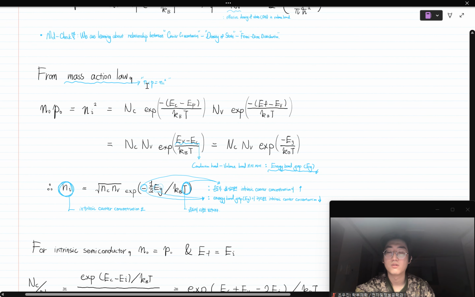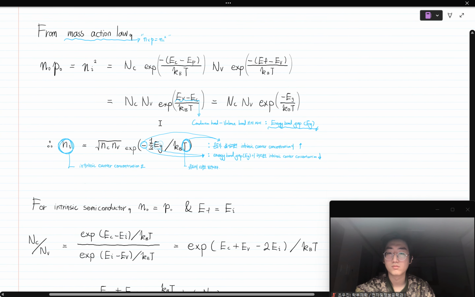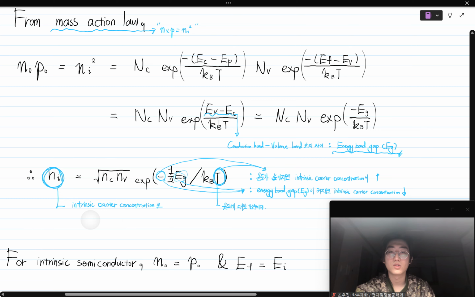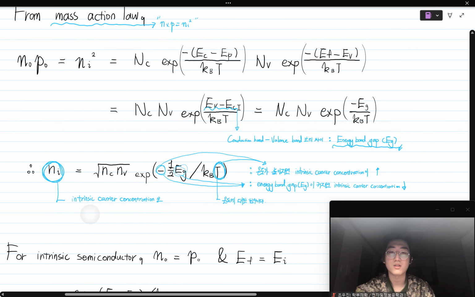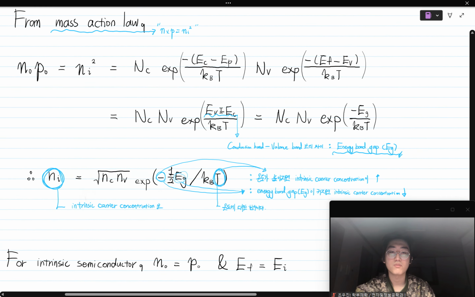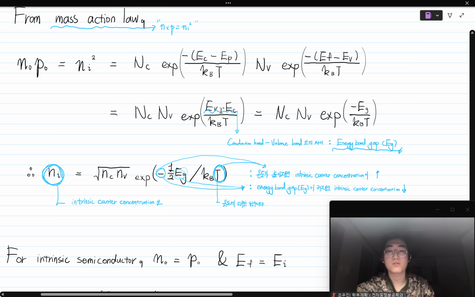From that section, n times p equals ni times ni. Here Ec minus Ev is the difference between the conduction band and the valence band, so we can express it as the energy band gap.